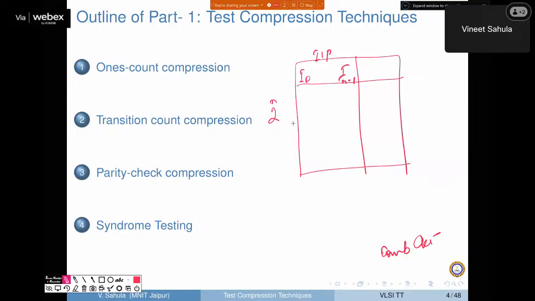This is 2 to the power n patterns here. And then you have golden output, which for simplicity we can presume only one bit, O1 or O0, whatever you want to say. So we have only one bit pattern here.